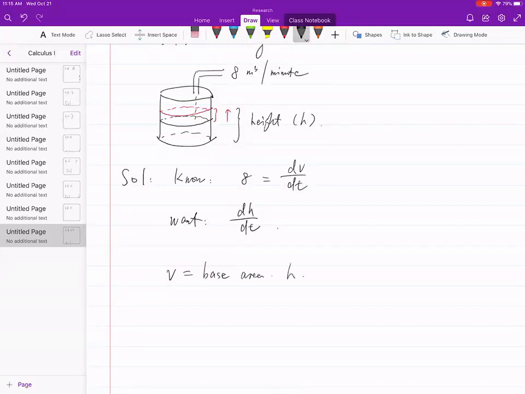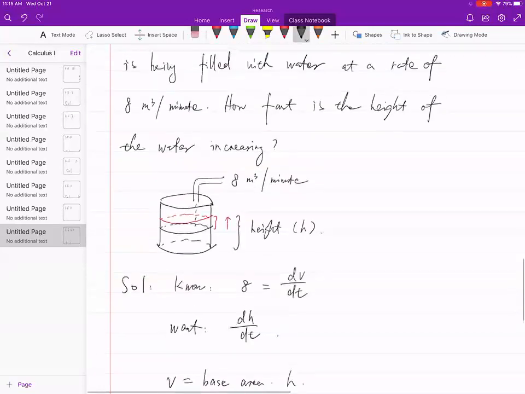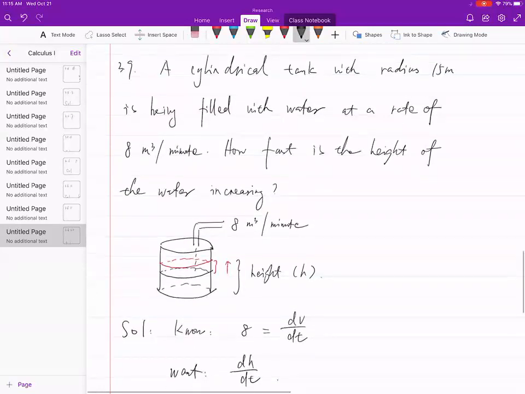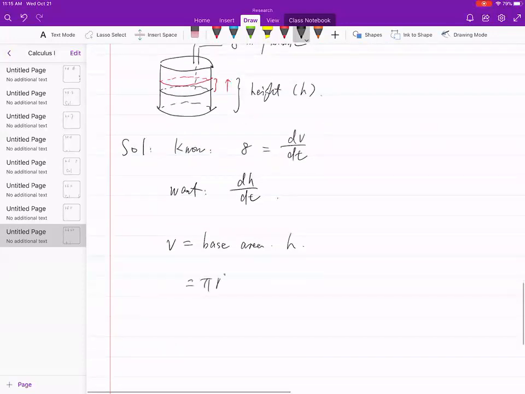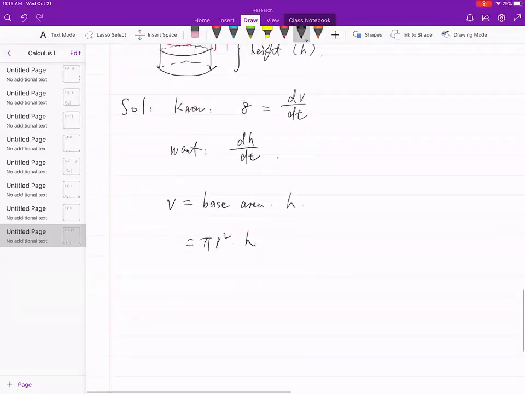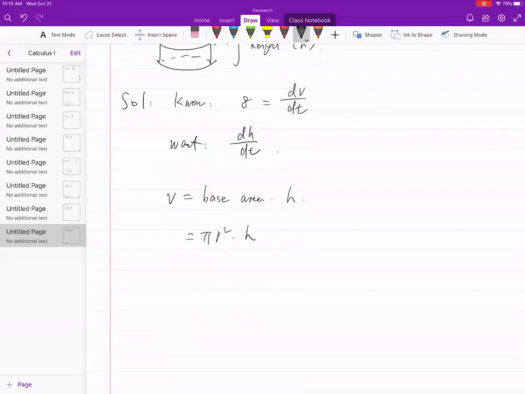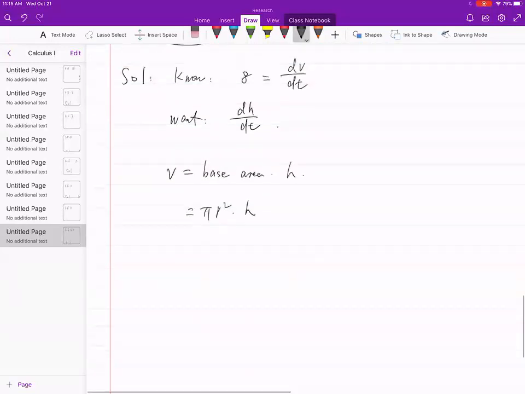And the base area in this case is a circle with a radius 15 meters. So it's going to be pi r squared times h, where r is 15. If that is okay, this is the formula.